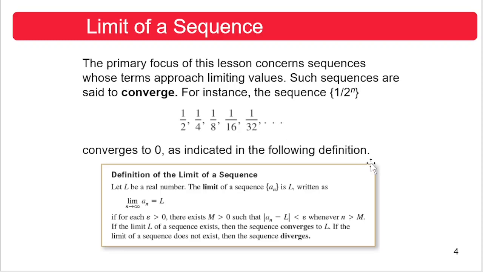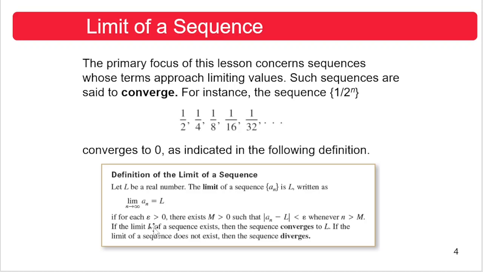So let me define the limit of a sequence using this definition. Let L be a real number. The limit of a sequence denoted by a sub n is L, written as the limit of a sub n as n approaches infinity equals L, if for each epsilon greater than 0, there exists m greater than 0, such that the absolute value of a sub n minus L is less than epsilon, or the distance between a sub n and L is less than epsilon, whenever n is greater than m.